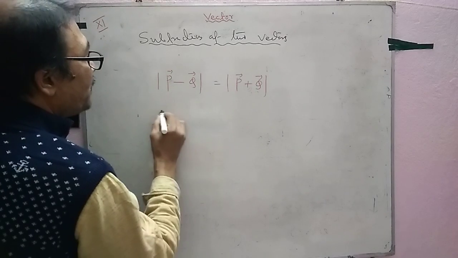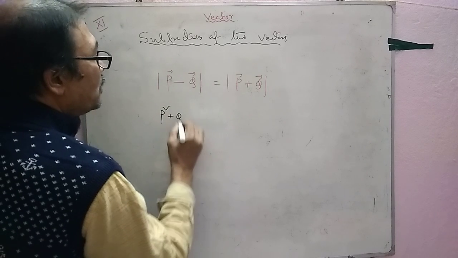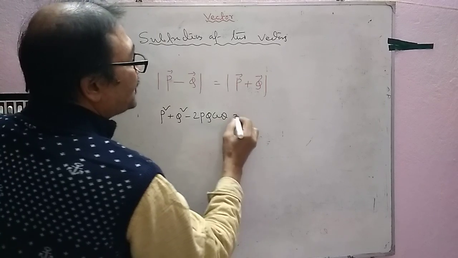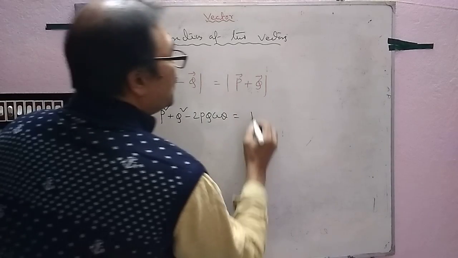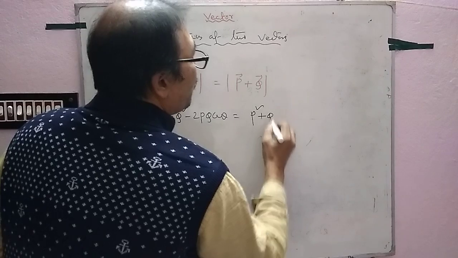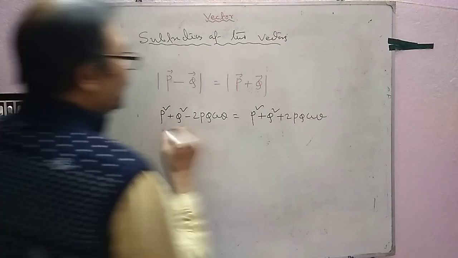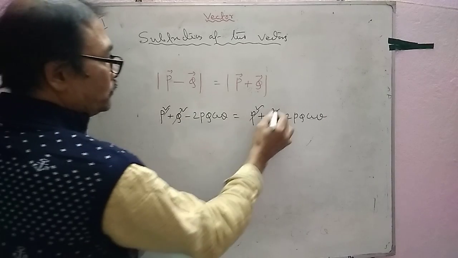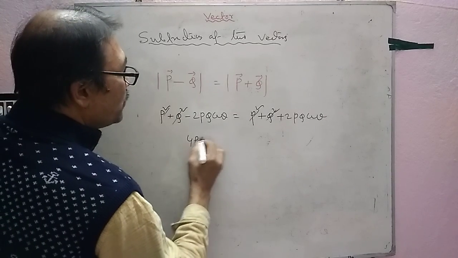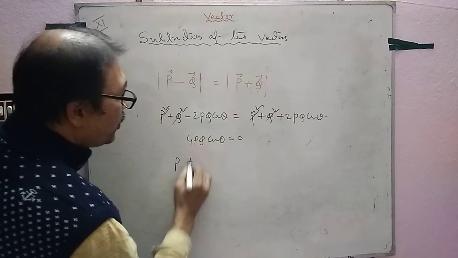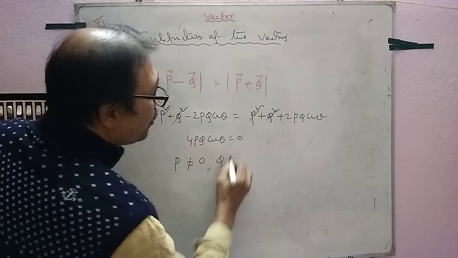এখান থেকে আমরা কি লিখতে পারি? P স্কয়ার প্লাস Q স্কয়ার মাইনাস 2PQ cos থিটা, যেটা আমি একটু আগে বার করেছি, equals P স্কয়ার প্লাস Q স্কয়ার প্লাস 2PQ cos থিটা, দুই দিকে কেটে গেল। 4PQ cos theta equal to 0. P is not equal to 0, Q is not equal to 0.